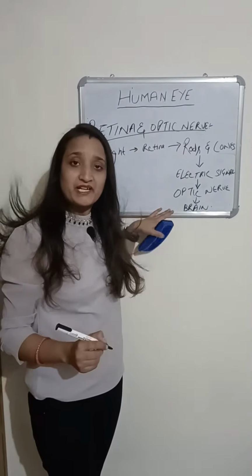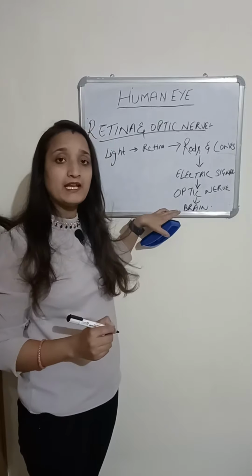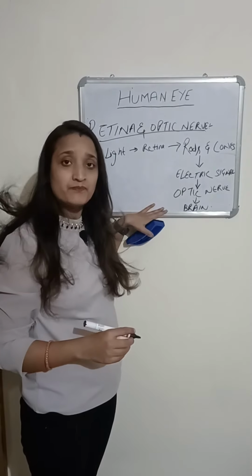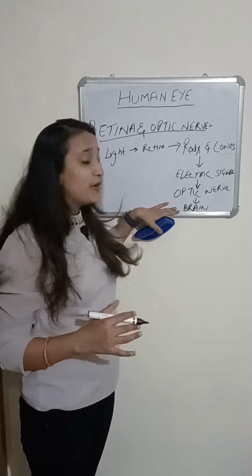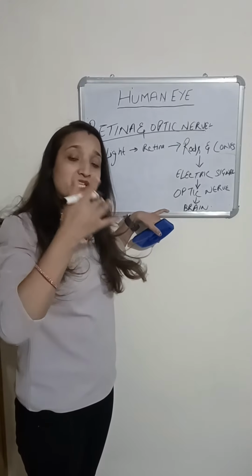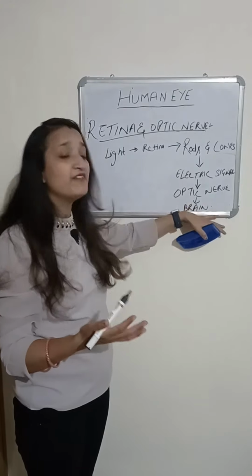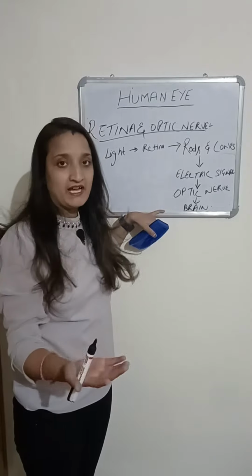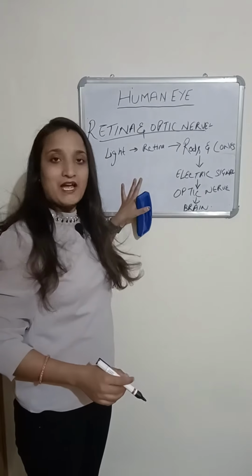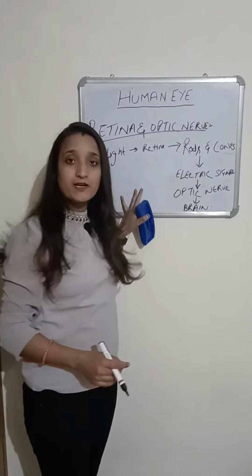Brain then interprets the signal, processes the information and shows us the image of the object, or we perceive the object as it is. I hope you understood this topic. That's all about the topic.